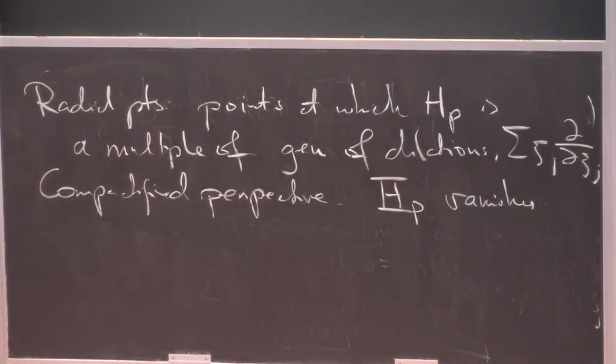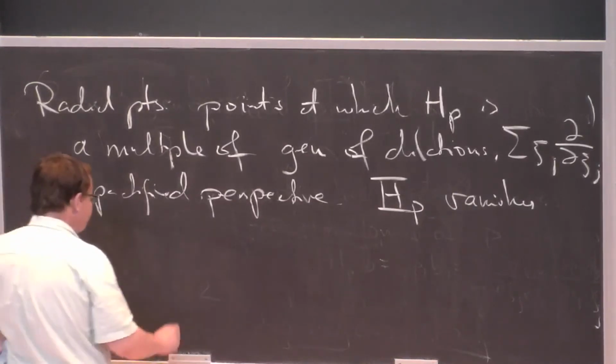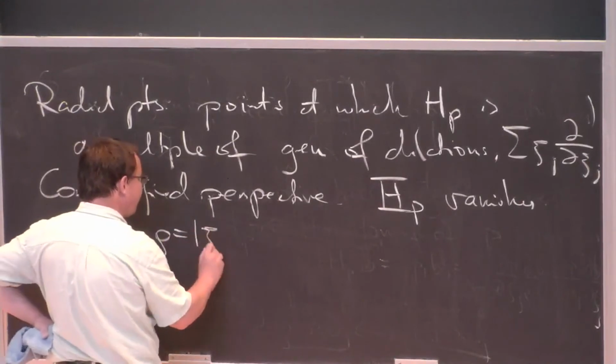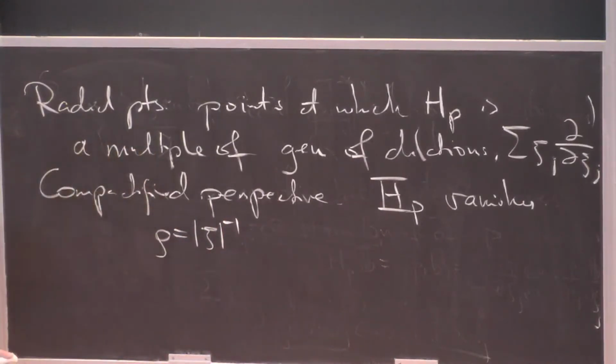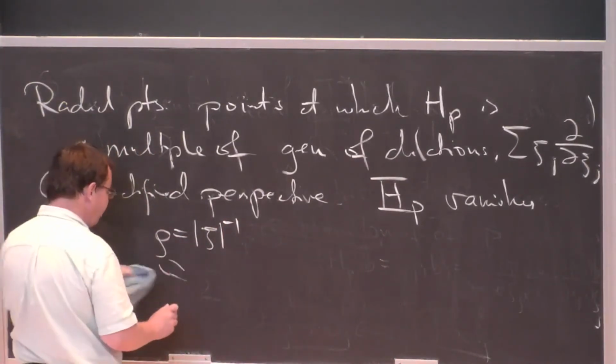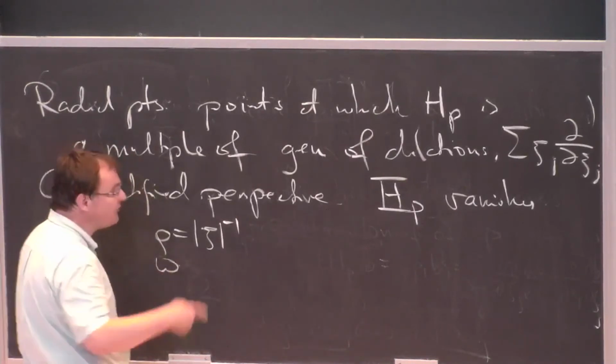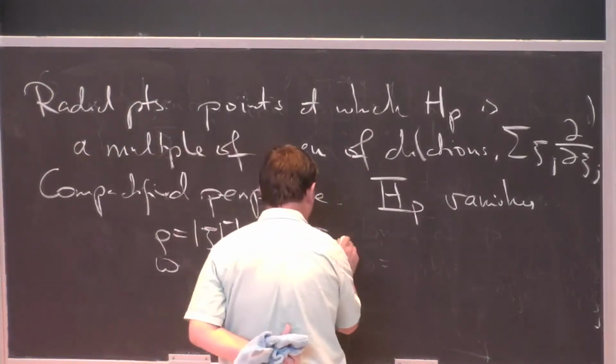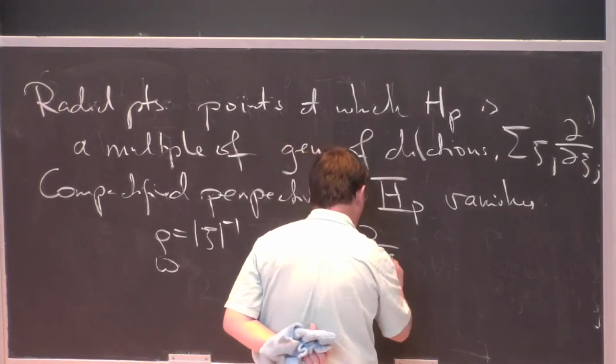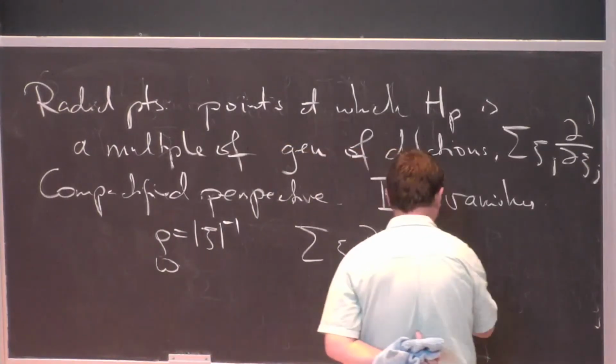It looks a bit surprising that it actually vanishes, but you have to remember what the compactification does. We introduce rho equals xi inverse, and keep omega as the spherical variables. If you work this out, the sum psi_j d/d psi_j turns into minus rho d/d rho.